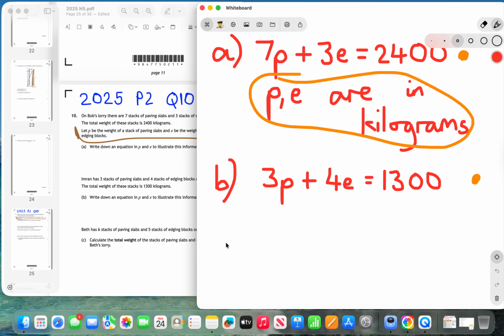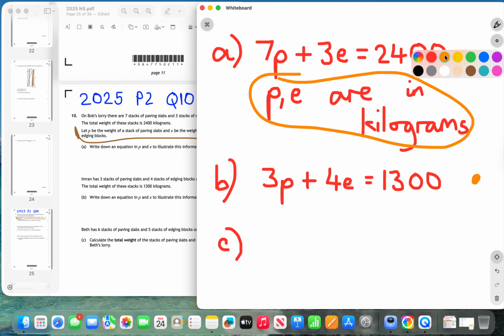Now the technique for this is, you can either choose the coefficients of P or the coefficients of E. But what you have to do is scale these equations such that the number in front of one of these terms is the same.